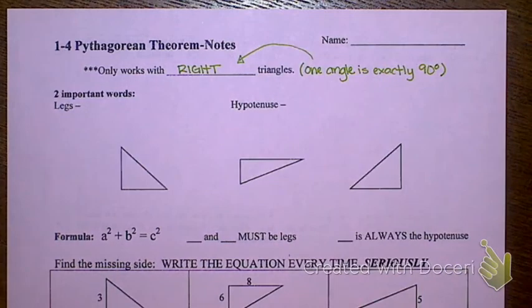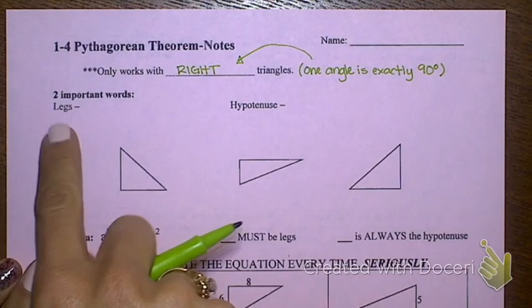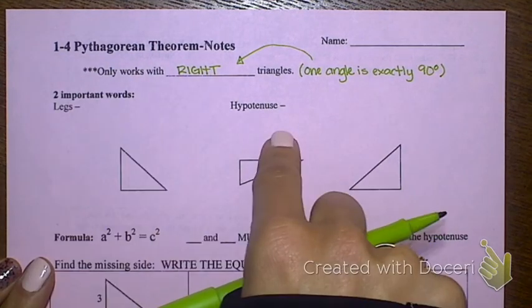It means that one angle is exactly 90 degrees. Now, when we're dealing with our right triangle, there are obviously 3 sides in the triangle, but to be able to specifically label them, they're called either legs or hypotenuse.